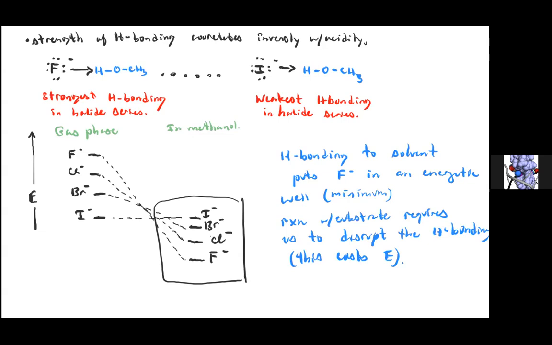But then let's turn the page and consider the situation in a polar aprotic solvent, and we'll use dimethylformamide for that.